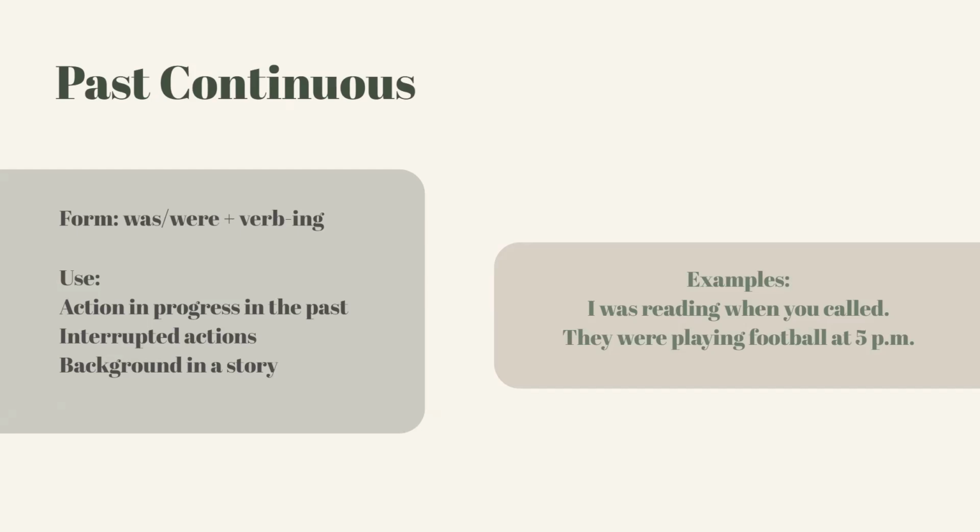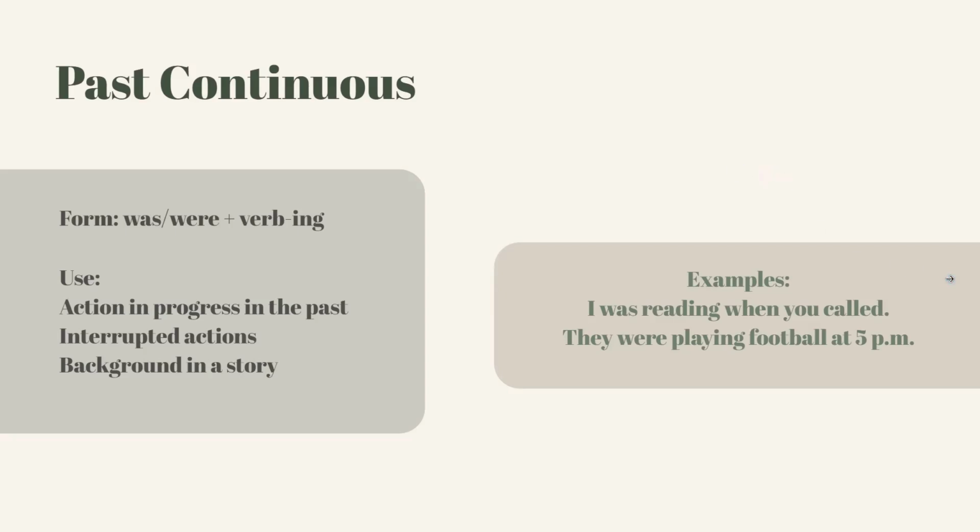Let's say that she was cooking dinner at 6 o'clock. We can see that it was an action in progress in the past. She was cooking, right? It's an action to cook. But it was in the past. She's not cooking right now. She was cooking.